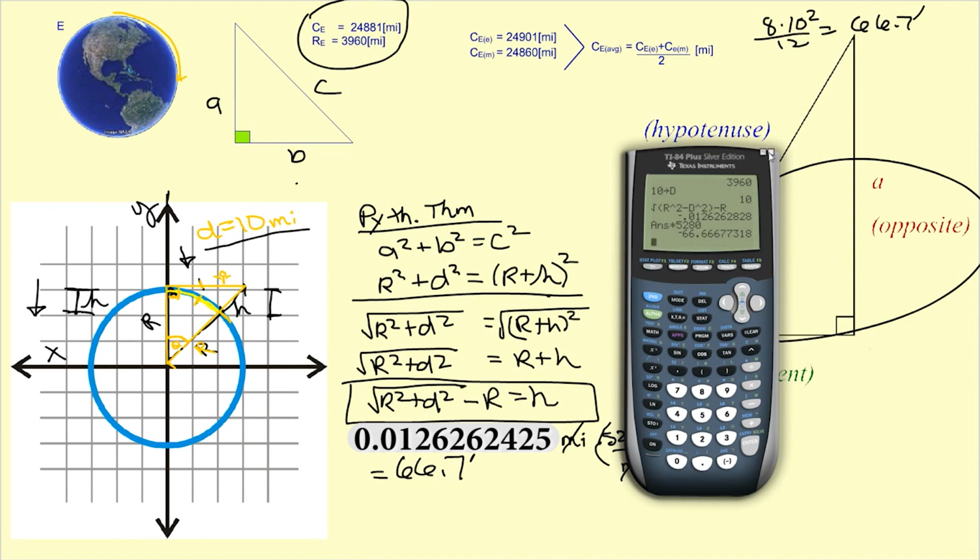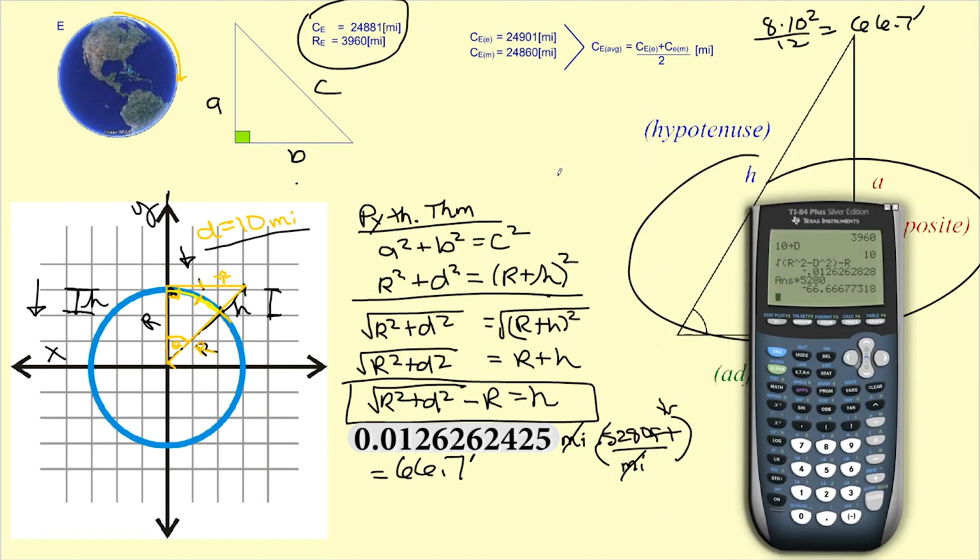Remember this diagram? You can pause and come back anytime. I'm going to draw a new diagram. So let's call this number 1 method, 8 inches per mile squared.